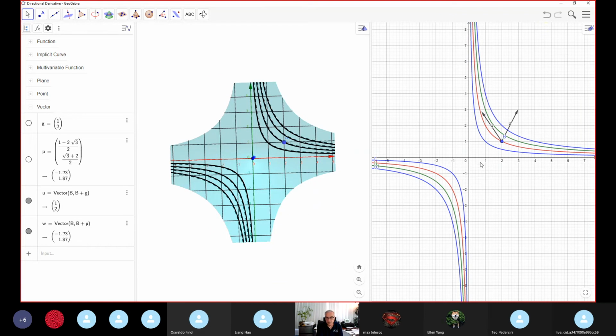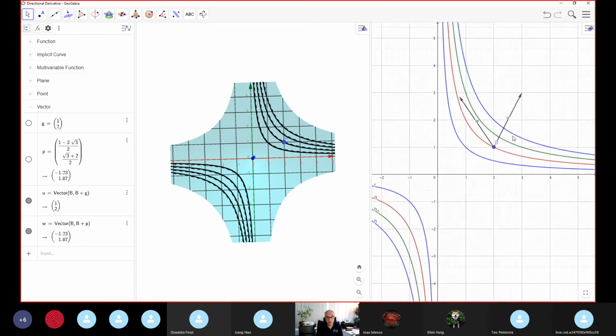At the point B, our famous point (2, 1), I draw the vector. This is the gradient vector. The gradient is u, like a flashing gradient. And this indicates the direction in which the function increases fastest, steepest ascent. According to the level curve, this is 1, 2, 3, 4, 5.